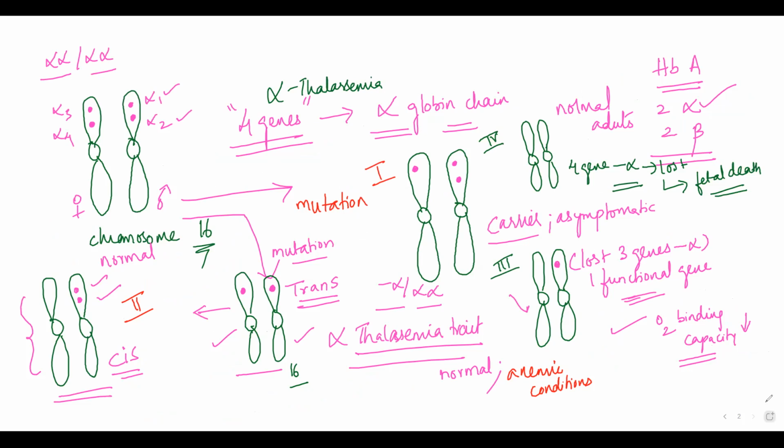The next one that we are going to see is beta thalassemia. Remember, children, the alpha chains are coded by the genes present on chromosome number 16. Whereas for the beta globin chain, there is a single gene.